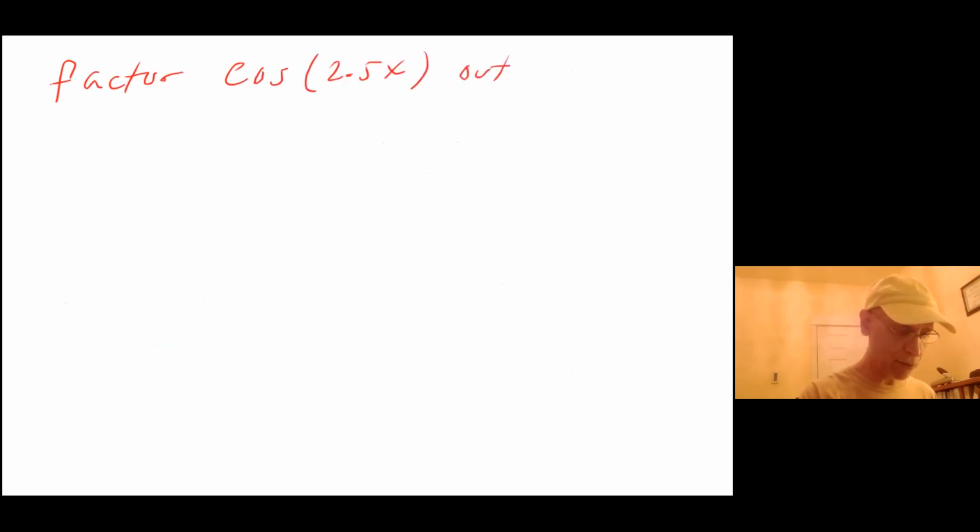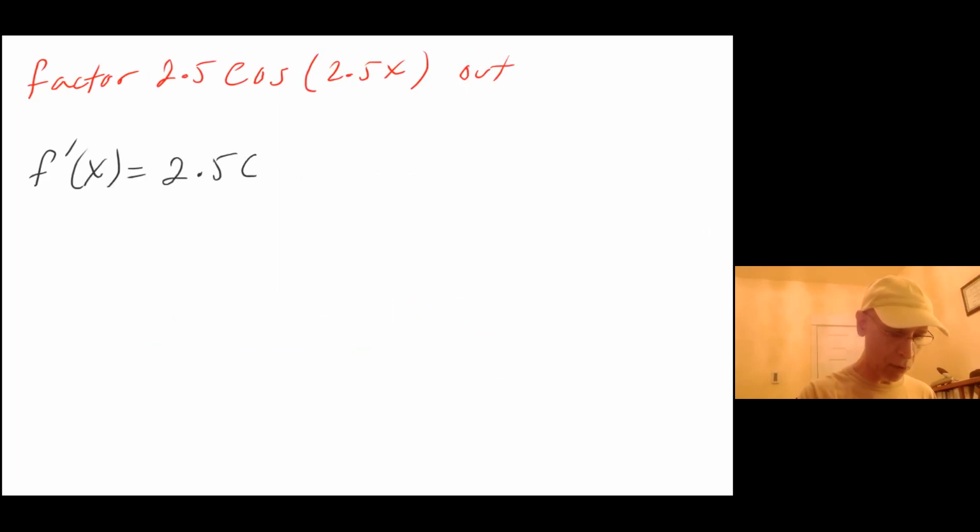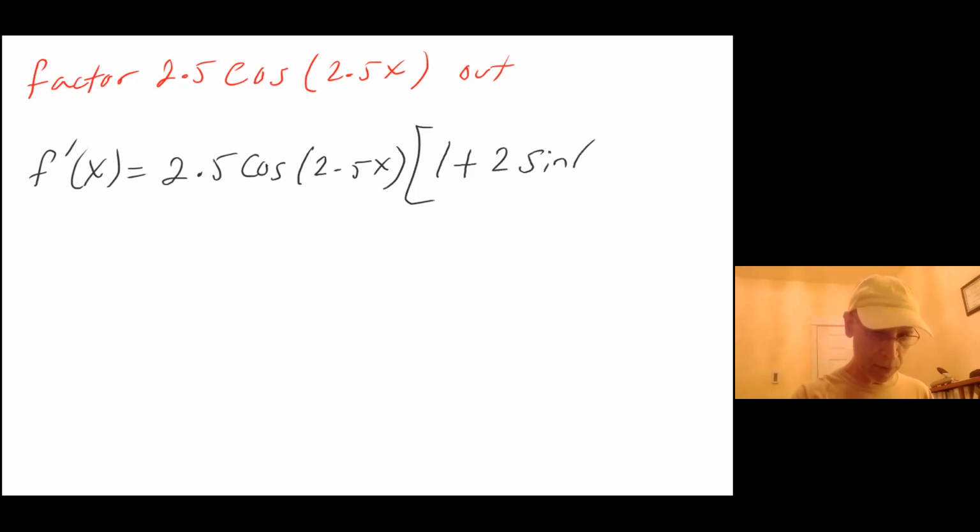So now I have f prime of x equals 2.5 cosine of 2.5x, then I have 1 plus 2 sine of 2.5x.